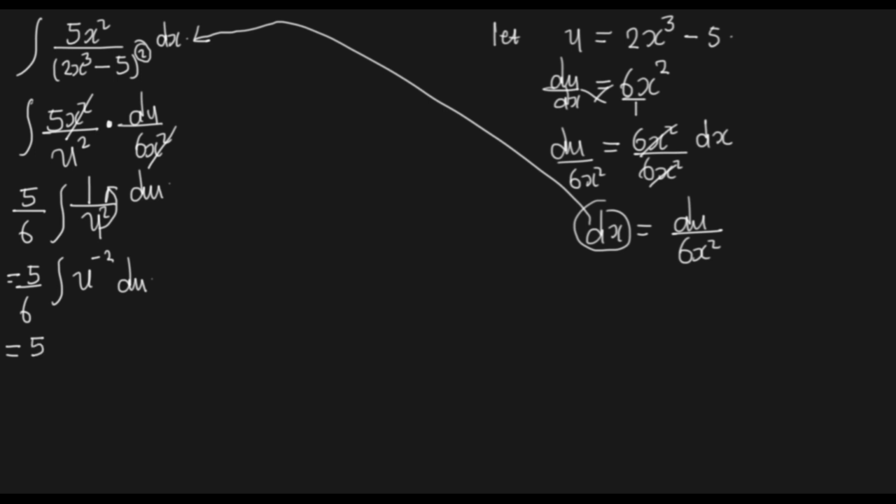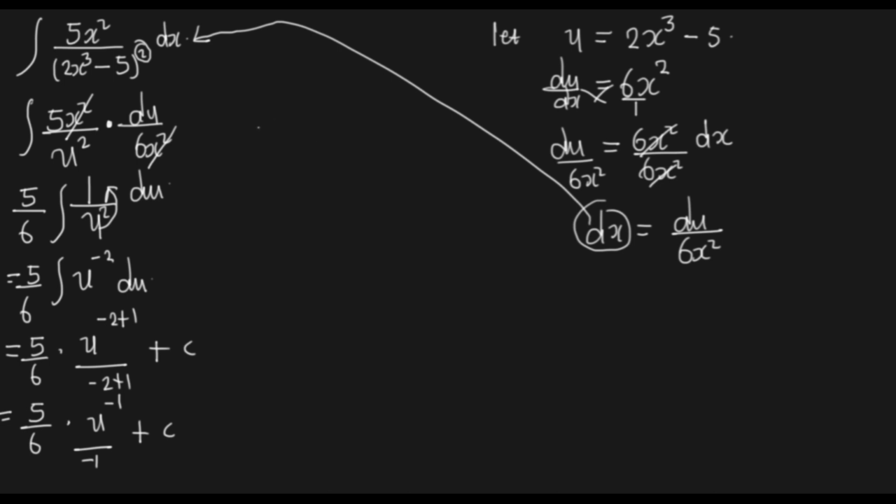This is 5 over 6 times u raised to the power negative 2 plus 1 over negative 2 plus 1, plus c. So here we are going to have 5 over 6 times u to the power negative 2 plus 1, which is negative 1, over negative 1, plus c. So we can multiply negative 1 by 5 over 6.